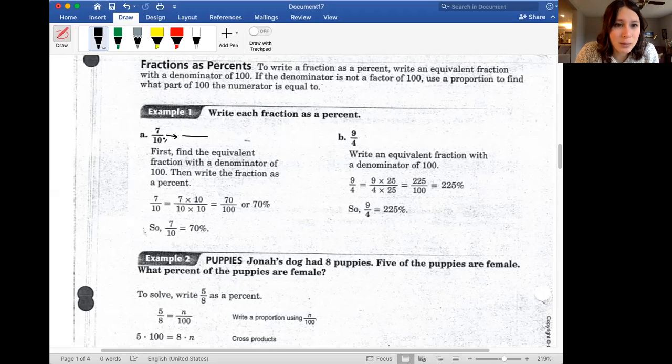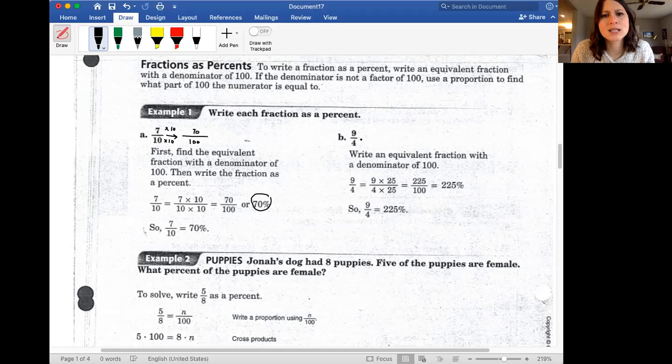So in this case, if I multiply the bottom by 10, that becomes 100. So then whatever I multiply on the bottom, I want to multiply on the top. And so when I multiply the top, I get 70 out of 100, which is 70%. And so that numerator is what becomes your percentage.